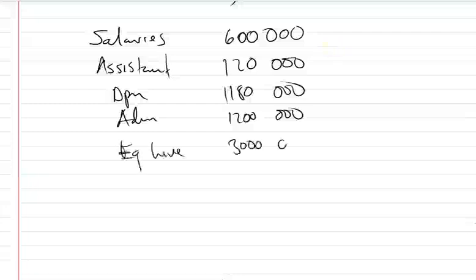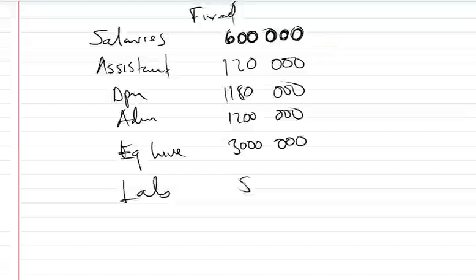So these are our fixed cost, but we have also separated the variable cost into fixed and variable. So we can also add the fixed element. So lab, we found that it was 500.